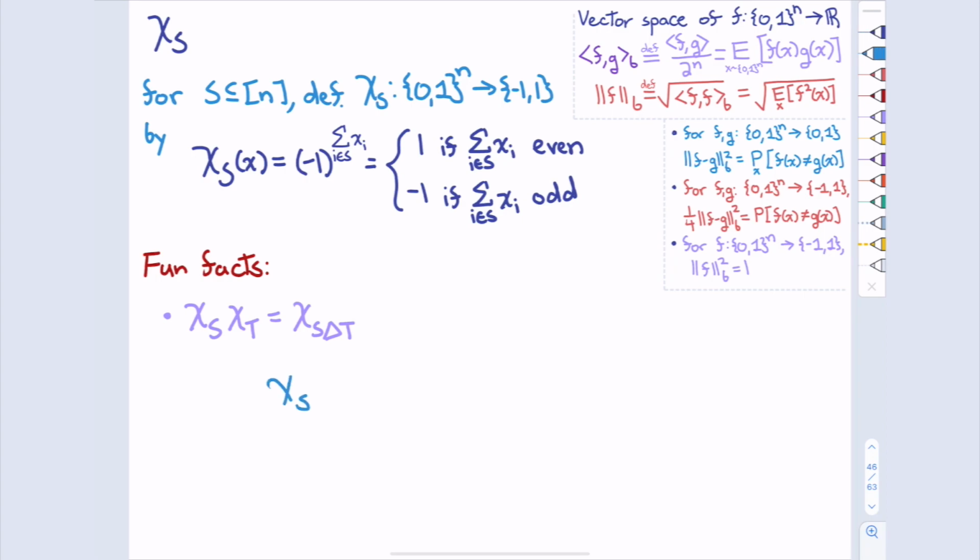This is -1 to the sum over the indices in S plus the indices in T of xi, right? But indices that are in both S and T get double counted, so they won't affect the parity overall. The only ones that really matter are the ones that are in S or T, but not both. So they multiply together in a nice way.